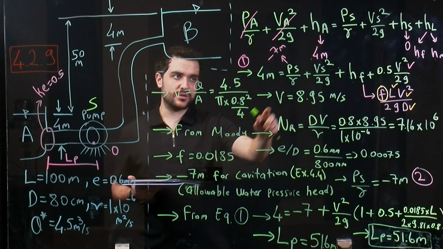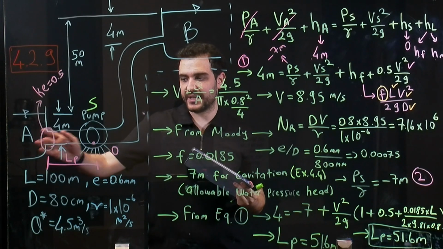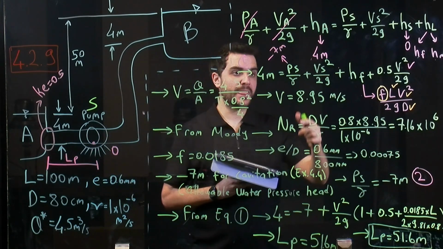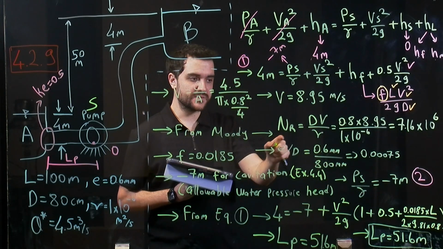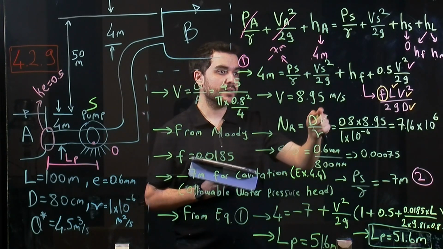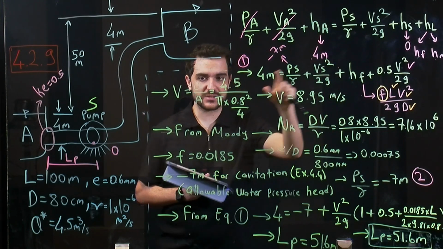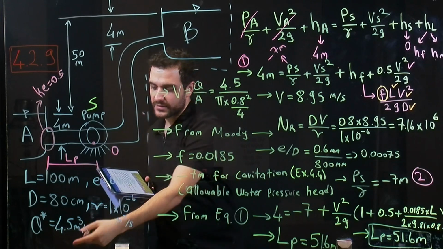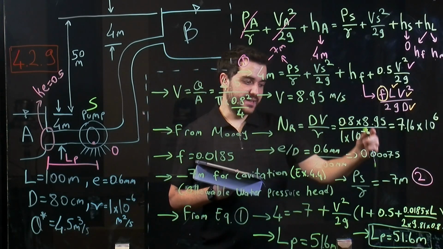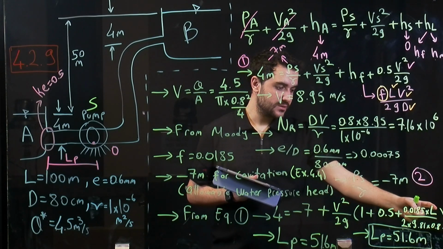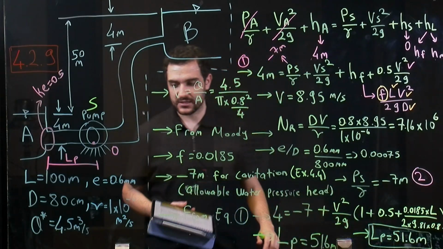Once we write this value in this equation 1, which is the energy equation between point A and point S, and also after finding the friction factor from Moody diagram, we can calculate the total head loss. We already calculated the velocity from the given flow rate, and finally we can find the length here, which is inside of the friction loss. So it will be our answer.